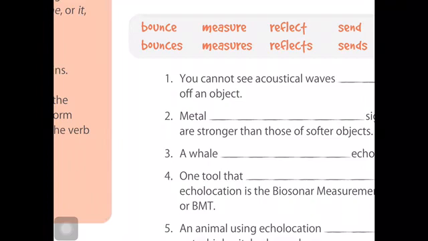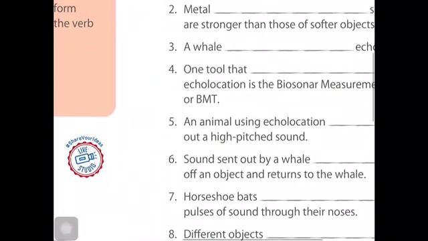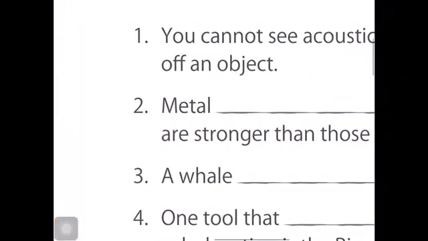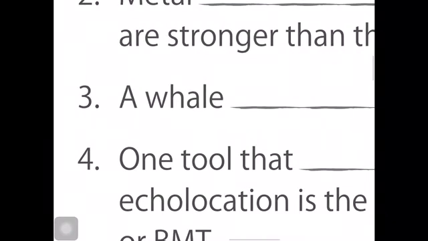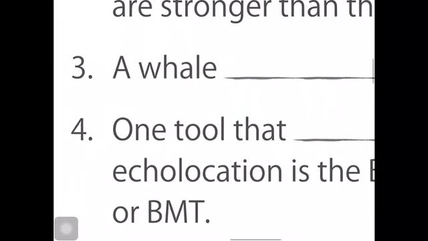If the subject is he, she, it is with the letter S. If it is I, we, you, they, it is not with the letter S. You can replace some words. For example, metal. Metal is it because it's an object. A whale is it because a whale is an animal, one animal.